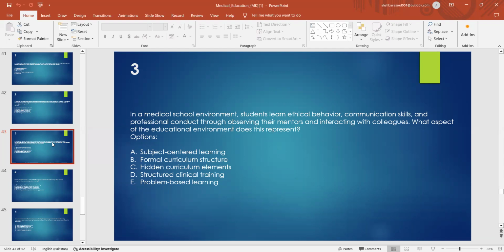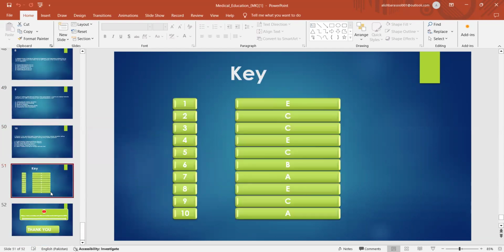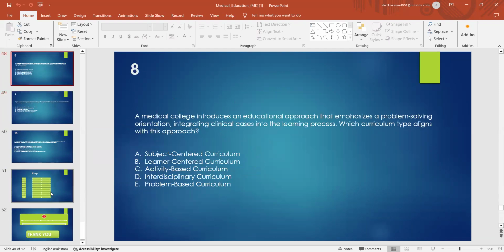Okay, please go to your MCQ number 8. Yes, madam. Medical College introduced an educational approach that emphasizes a problem-solving orientation, integrating clinical cases into learning process.